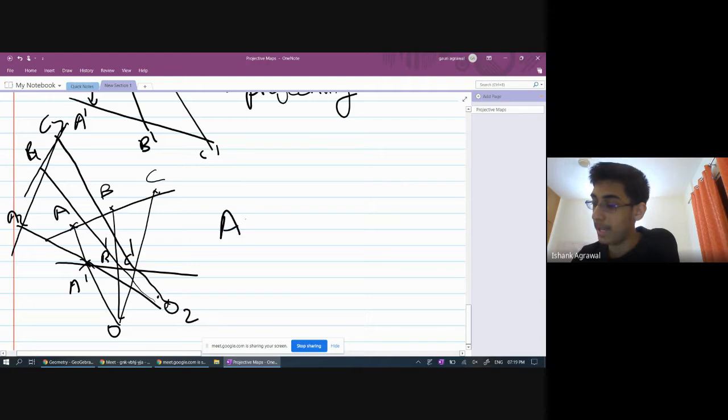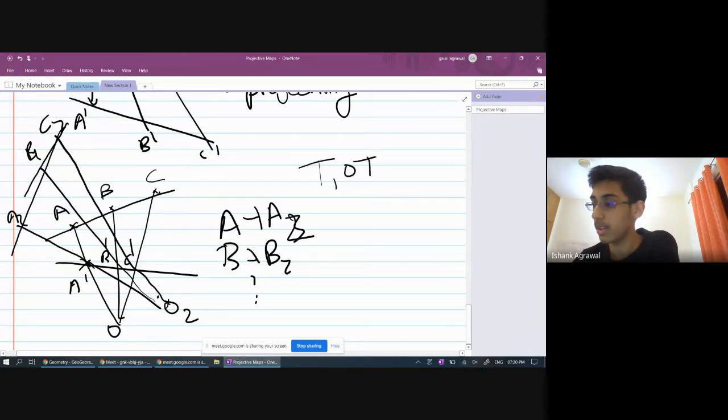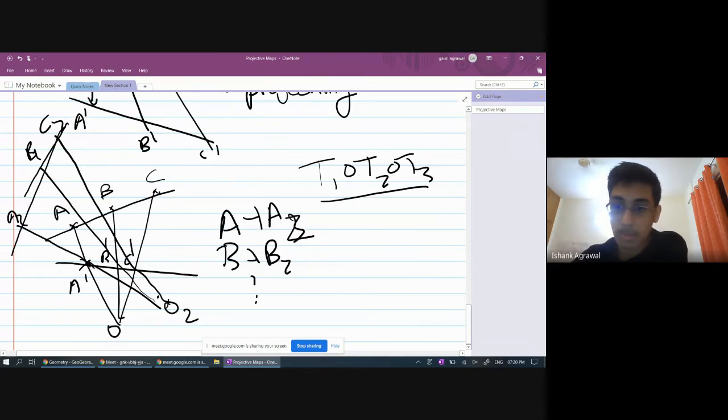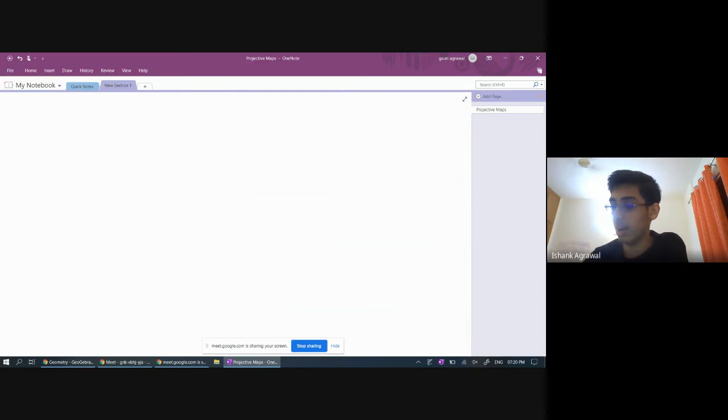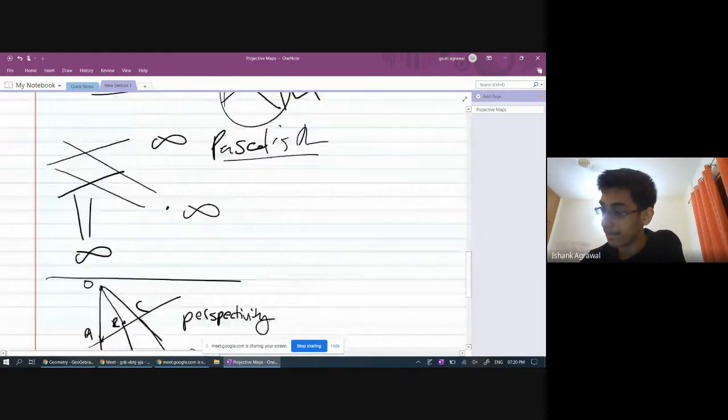Then the map A to A2, B to B2, etc. would be a combination of two perspectivities. Does that make sense? It's a composition of different maps. So that's what a projectivity is. Got it. So now moving on.